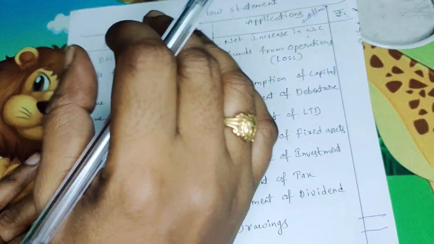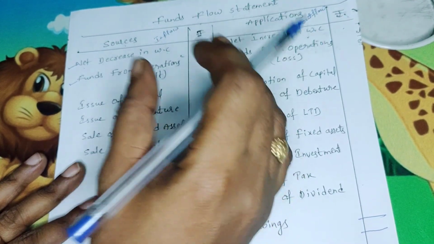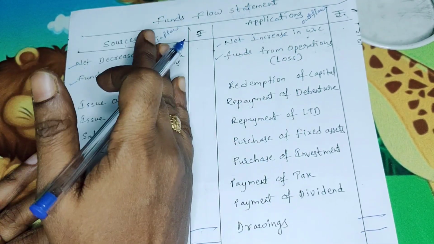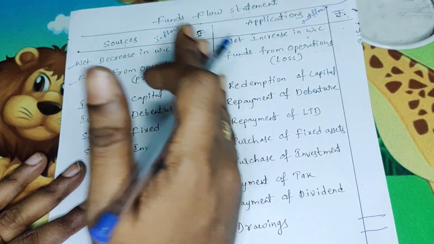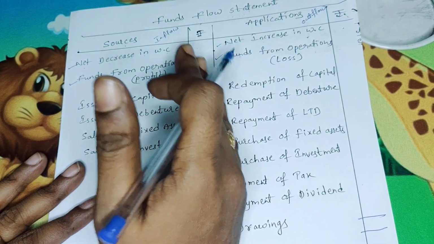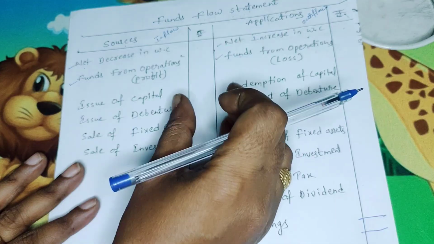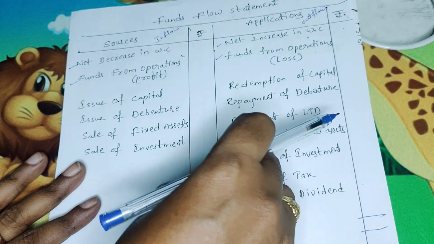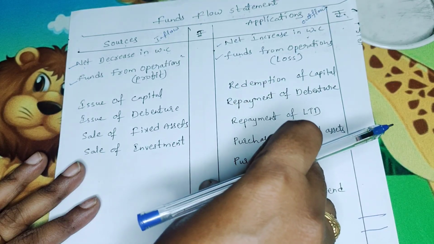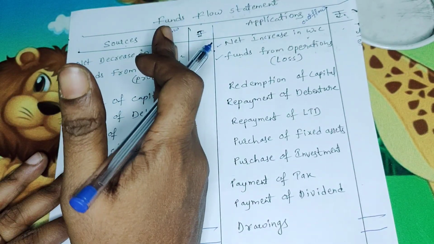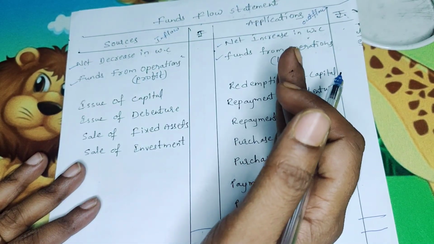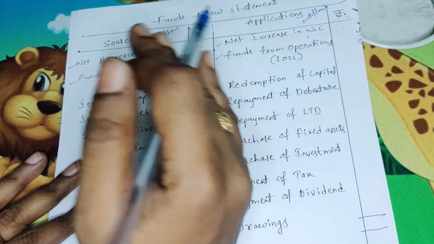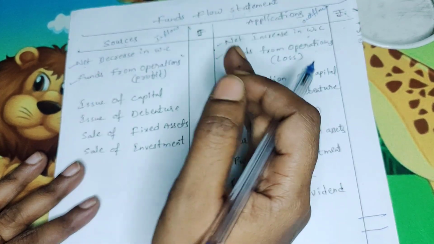So fixed assets and investments we need to check, compared to last year and this year, increase or decrease. Already you have in the question two years' details. In the last year some amounts are there, and in the current year also we have some amounts. So compared to last year, if it is an increase, that will be purchase of asset. If it is a decrease, that is sale of asset.